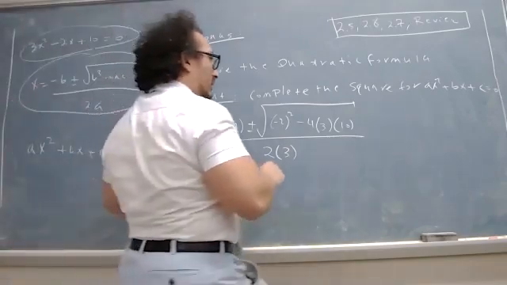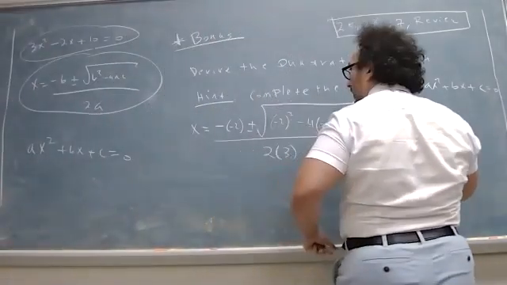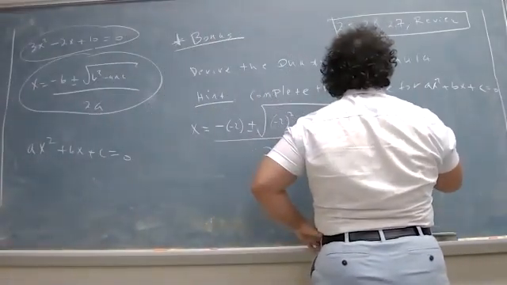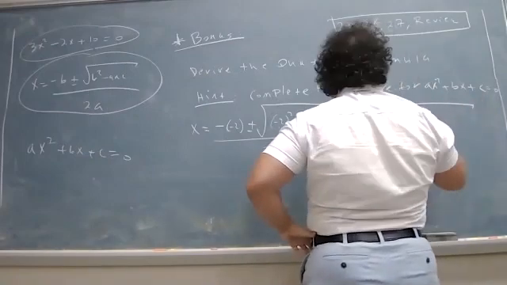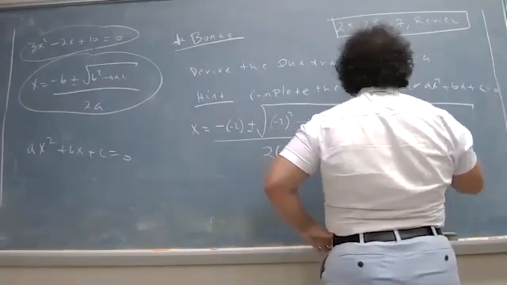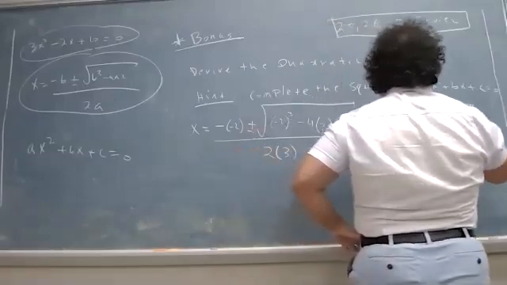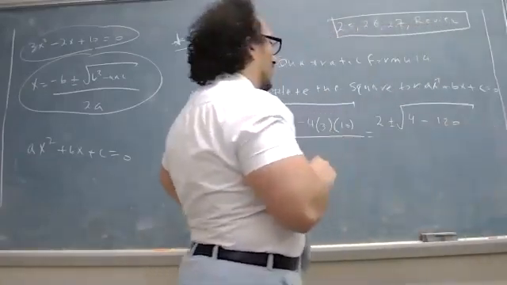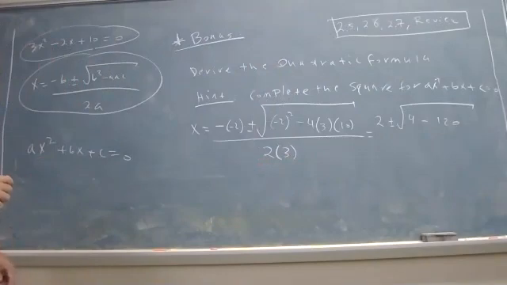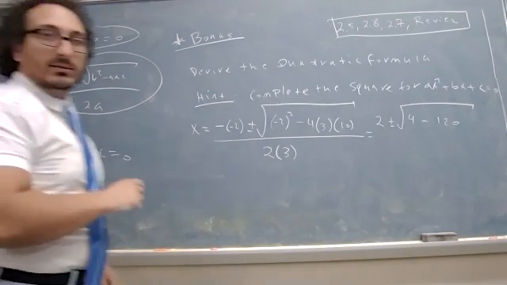Okay, so then this is equivalent to positive 2 plus or minus the square root of 4 minus 120. Because 4 times 3 is 12, times 10 is 120, all over 6.